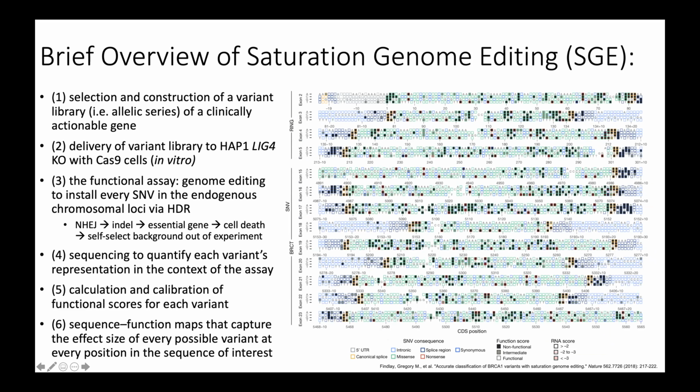That means the SNV was integrated into the HAP1 cells, and over time, those cells that had that particular SNV died, and they were no longer found at later time points, but they were found at earlier time points. And over the course of this sequence function map, you can pull out beautiful biology and many, many beautiful hypotheses that can lead to more mechanistic studies. And so this is the overview of SGE.